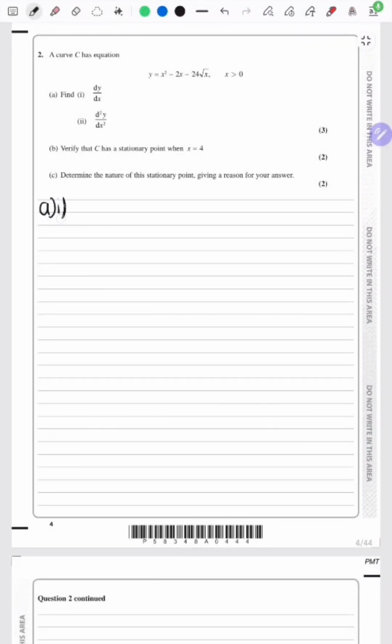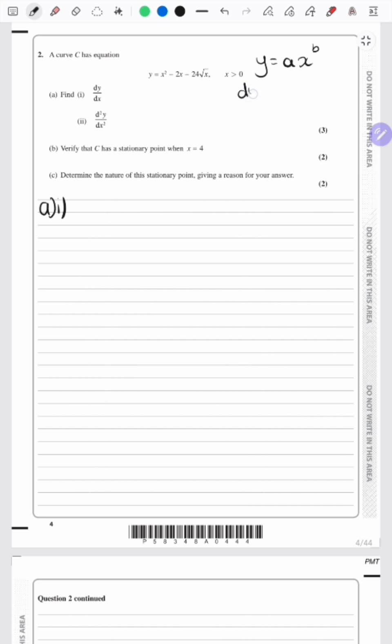Okay, so for the first part of this question, we need to differentiate this equation. So first we should write down what the rule for differentiation is. Whenever we have an equation of the form y is equal to a, being the coefficient, x to the power of b, we differentiate.